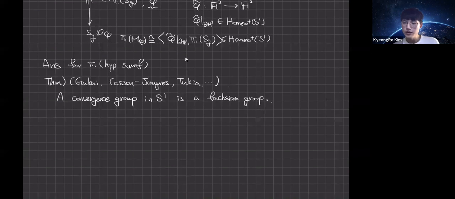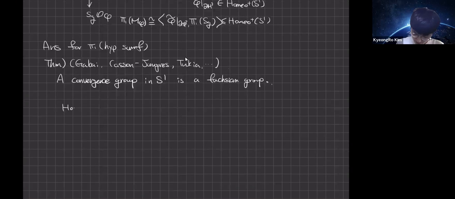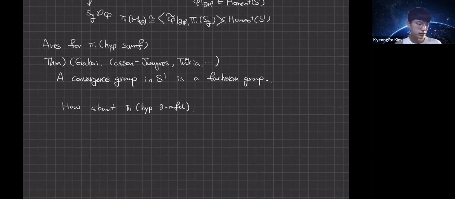But how about the hyperbolic 3-manifold case? There is no such kind of theorem, because the action of the lifting, the action of the pseudo-Anosov, is not like a convergence group action.